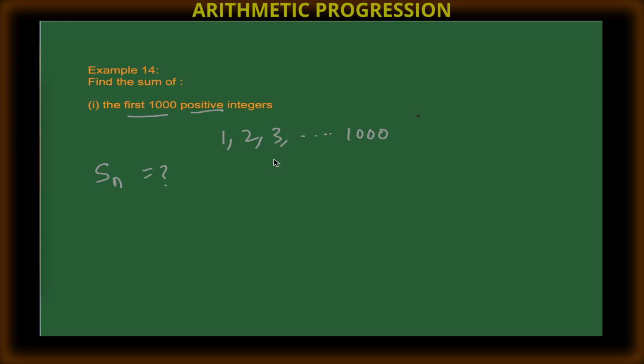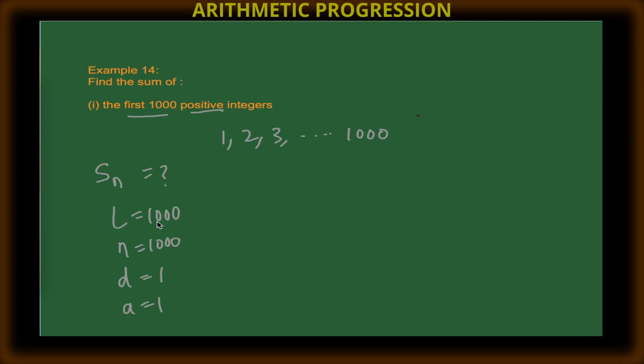So we have the last term, which is 1000, and which happens to be the n value also. The n value is equal to 1000 as well. The difference is 1, and A is 1.